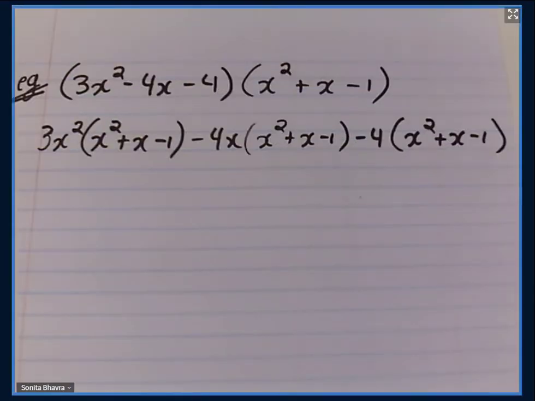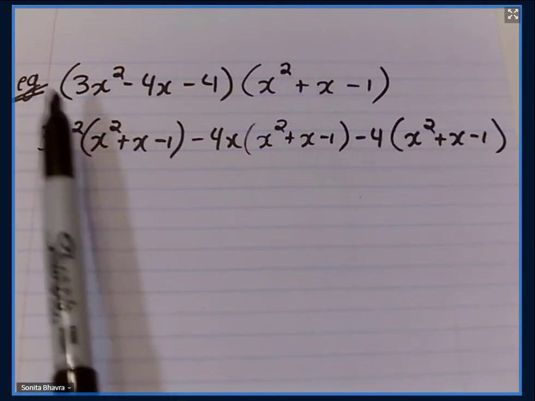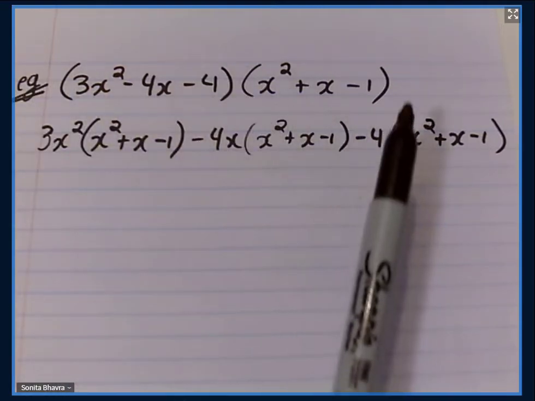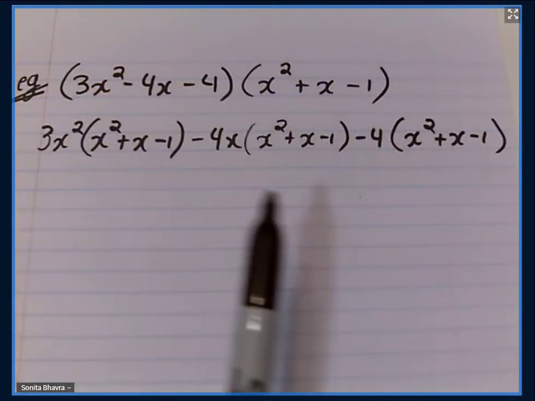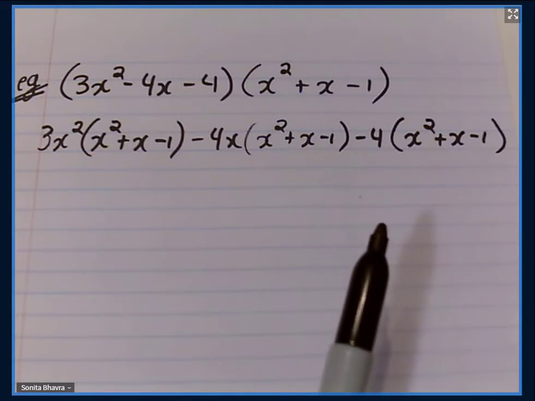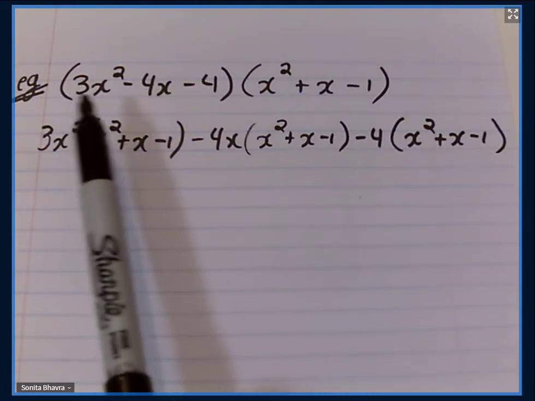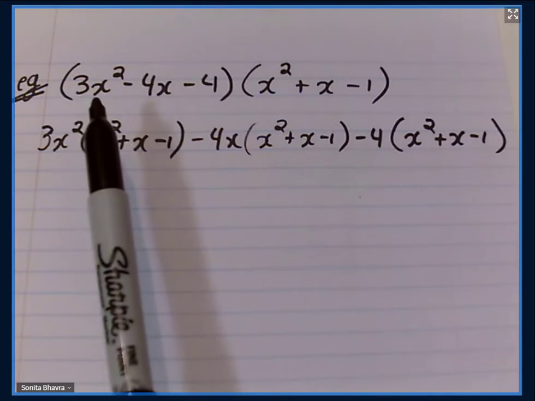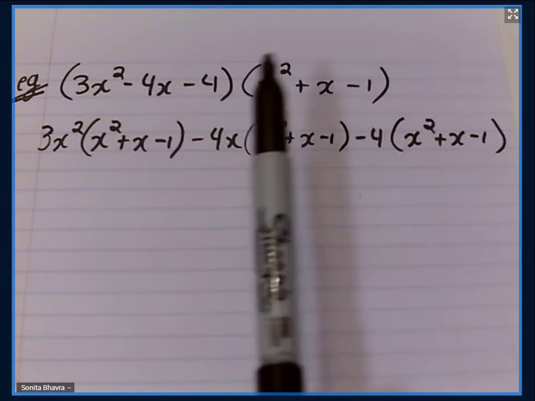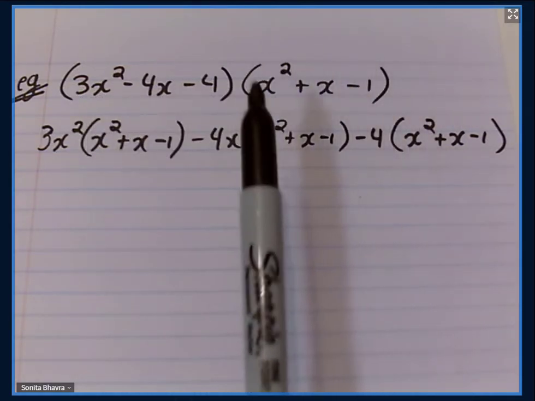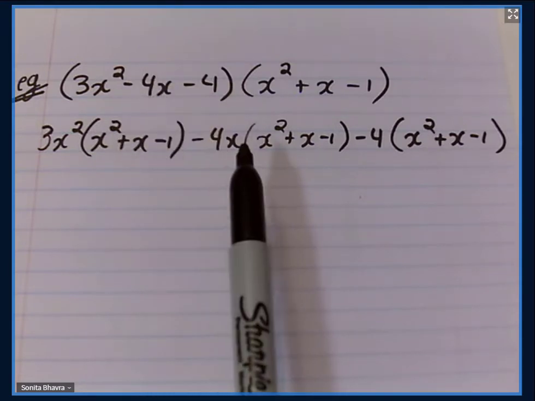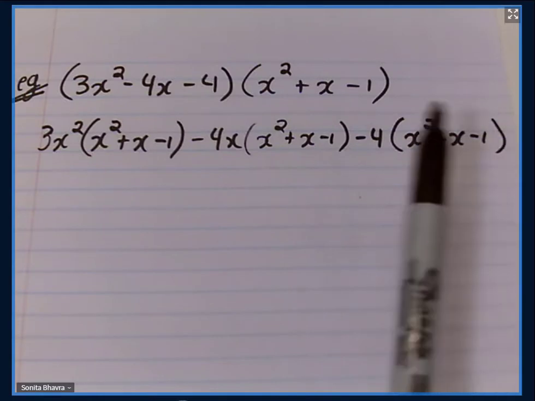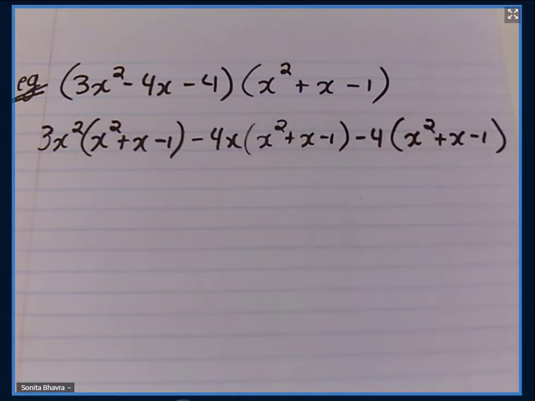All right, so our next example here, we had a trinomial multiplied by a trinomial. So I've already set it up as a distributive property where I took the first term in the first bracket and multiplied it by the second bracket. Then I took the second term and multiplied it by the bracket. Then I took the third term and multiplied it with that bracket.